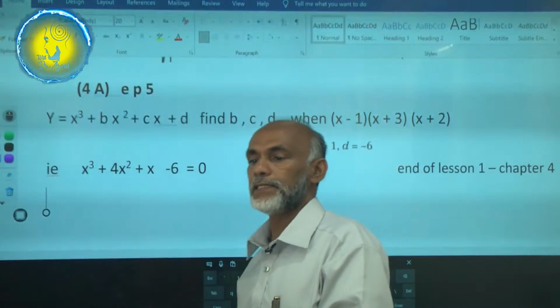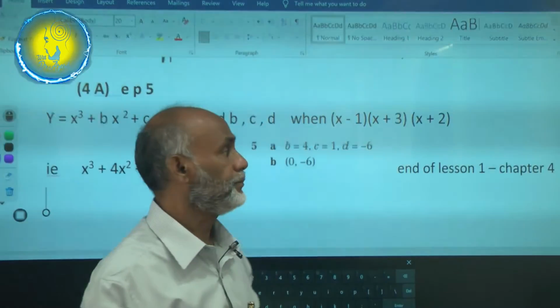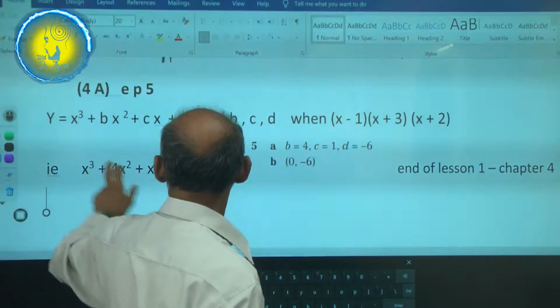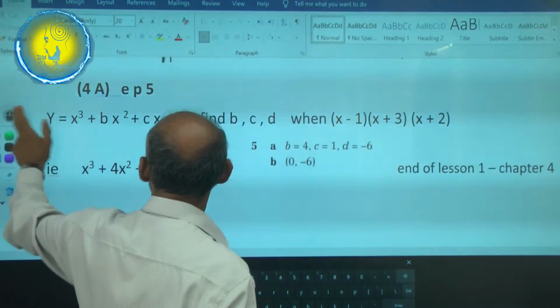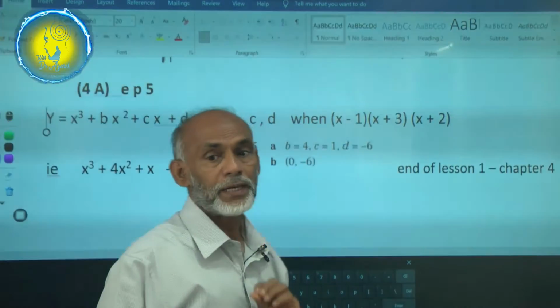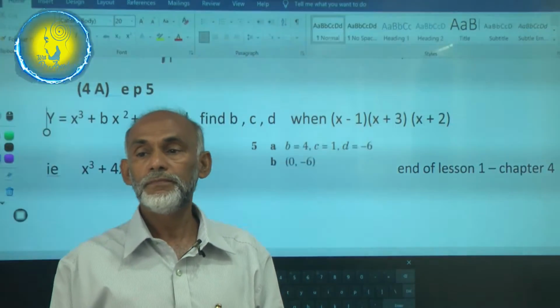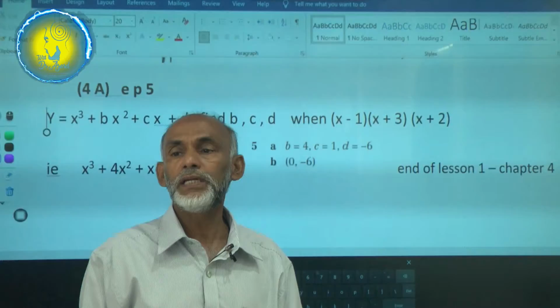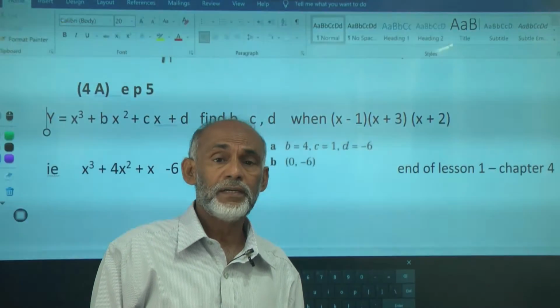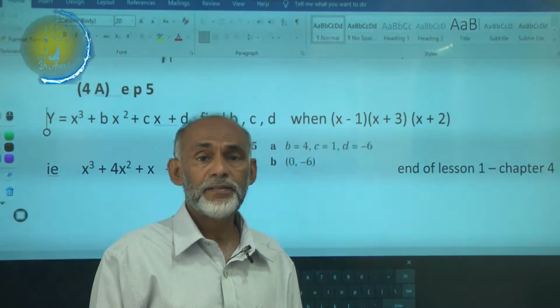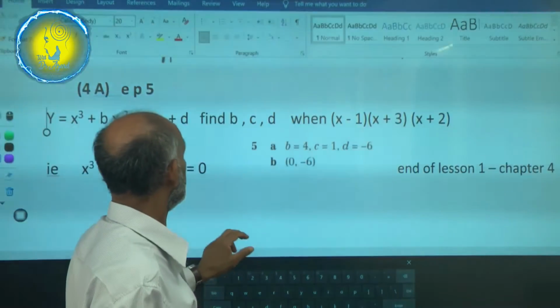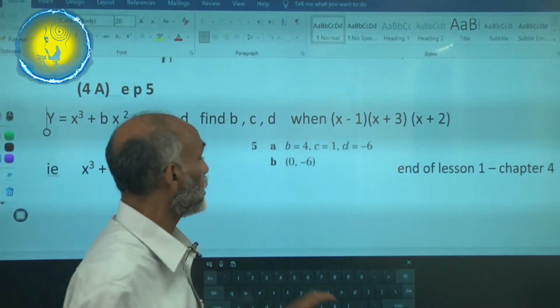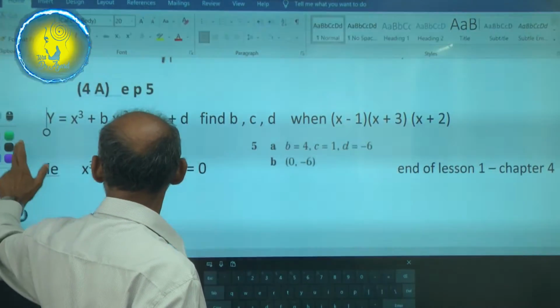So in this lesson what we learned: we learned how to identify a cubic graph and how you distinguish between a cubic graph and a quadratic graph.